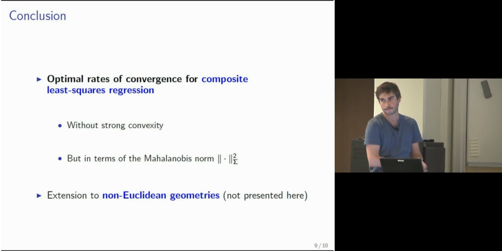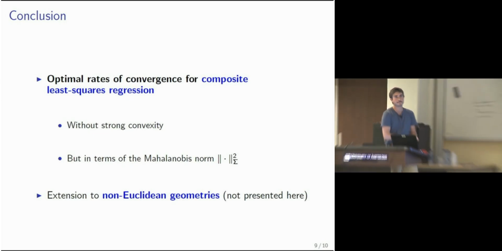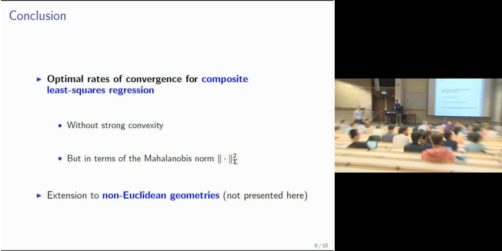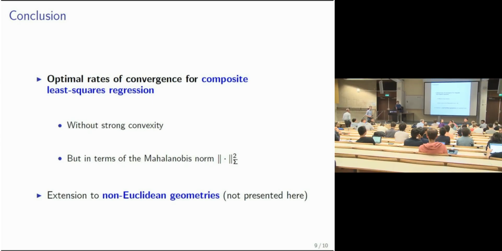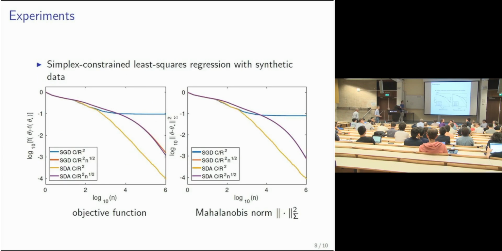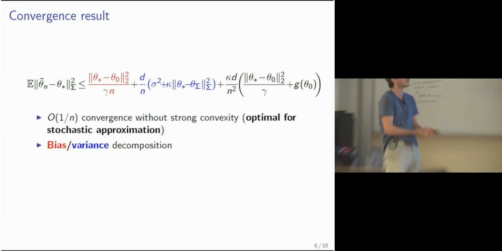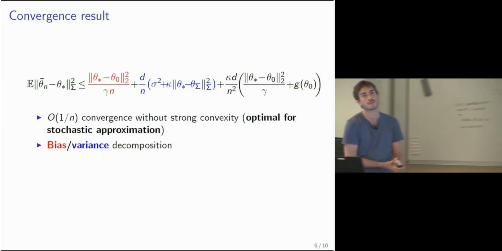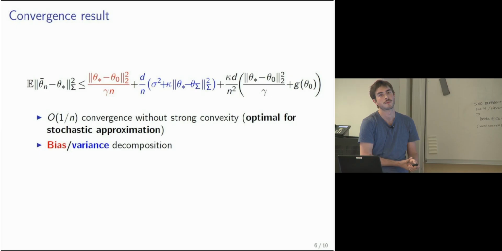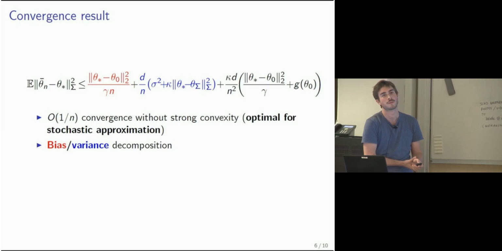Any questions? The analysis is for additive or multiplicative noise? The analysis is for least square regression, so it's a true stochastic noise. The oracle which corresponds to the gradient is it additive or multiplicative noise?